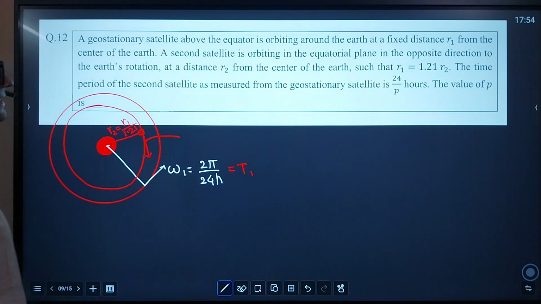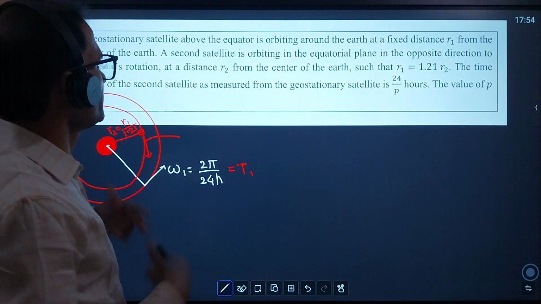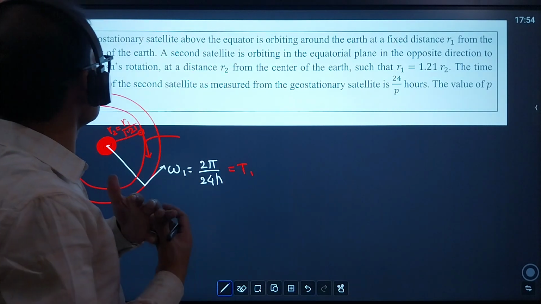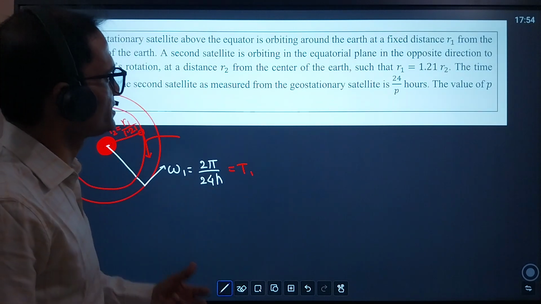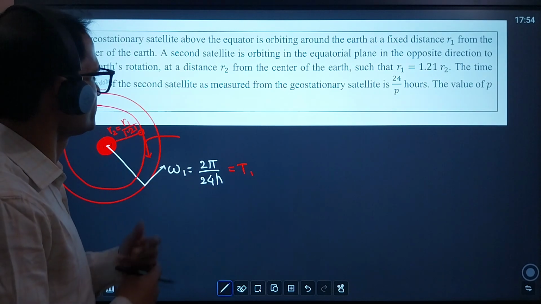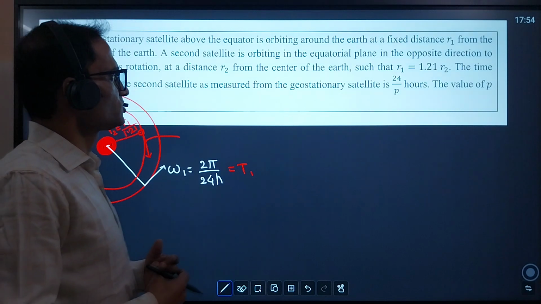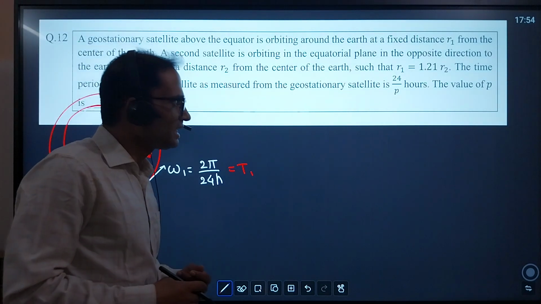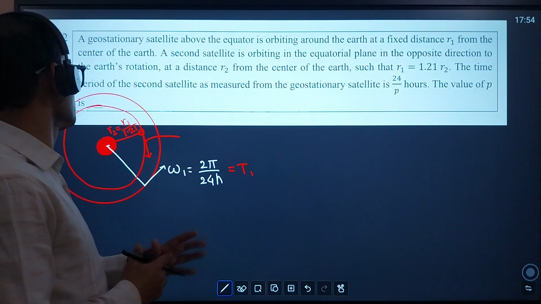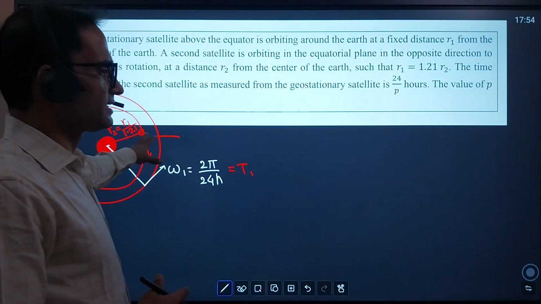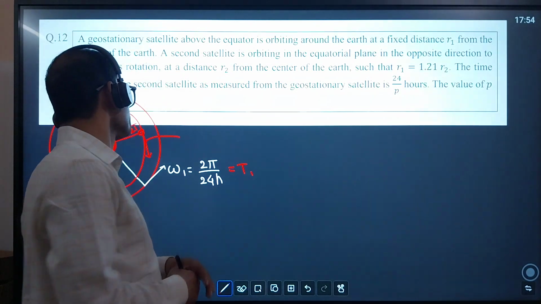They are orbiting in the opposite sense, and we have to find the time period of the second satellite as measured from the geostationary satellite, which is 24 by p hours. So basically we need to find the time period of this satellite with respect to the geostationary satellite.